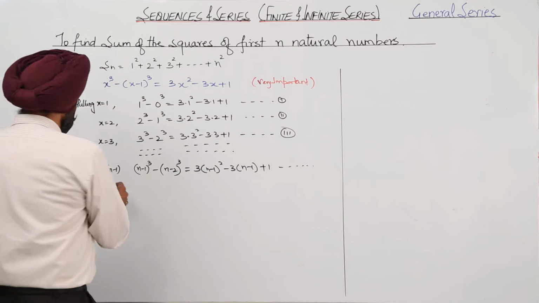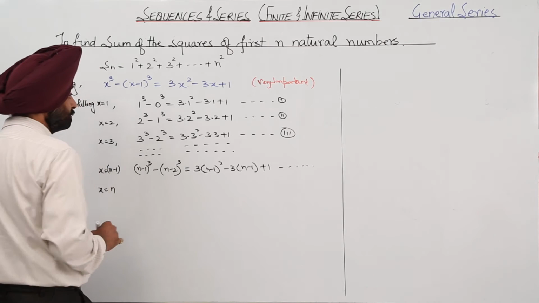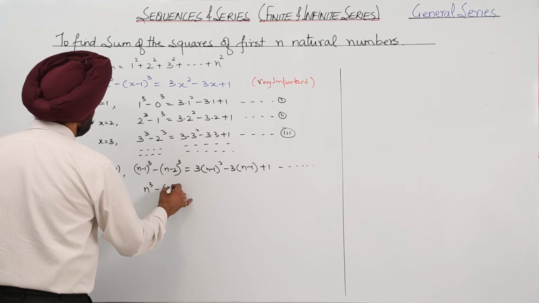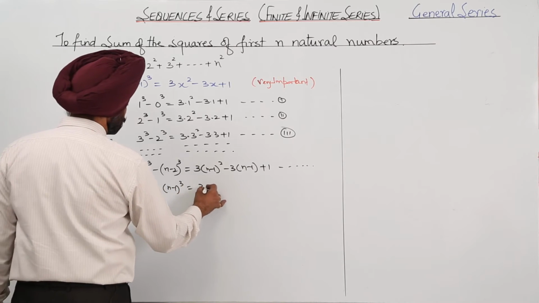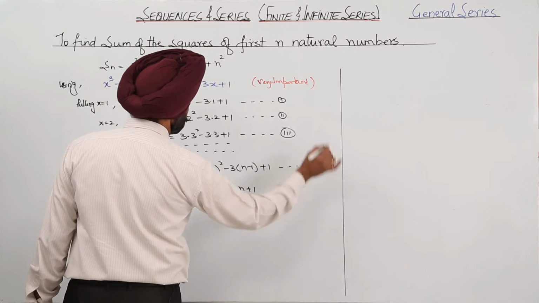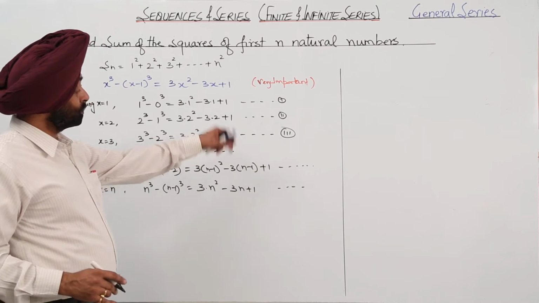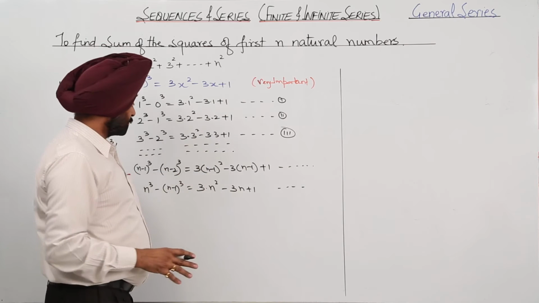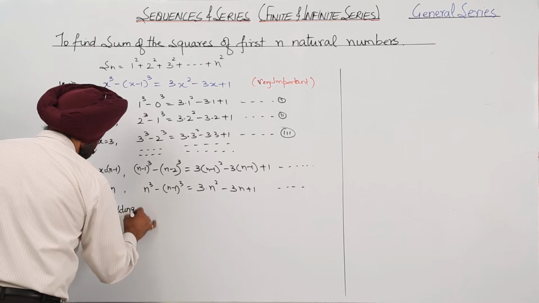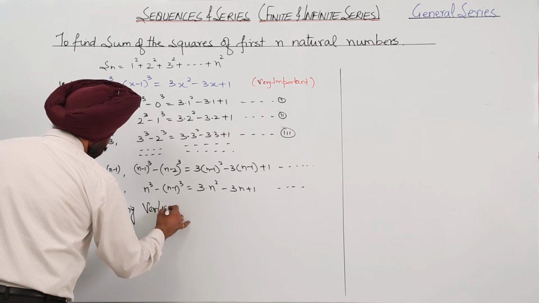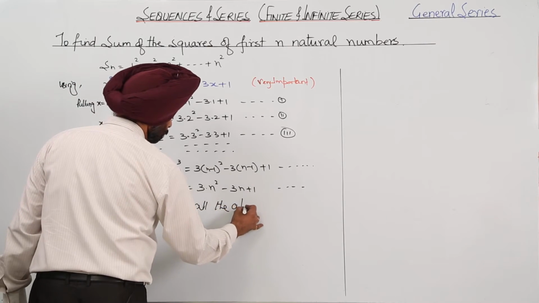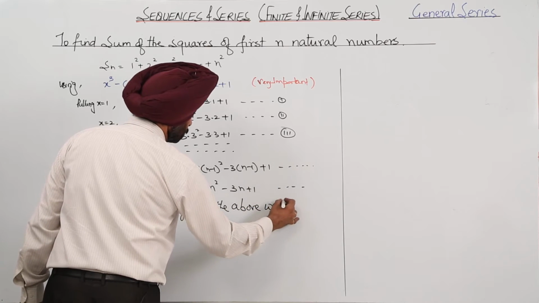Putting x equal to n, we get n cube minus n minus 1 cube equal to 3 times n square minus 3 times n plus 1. All the rows go like this: 1, 2, up to n. Now add vertically all the above written series.